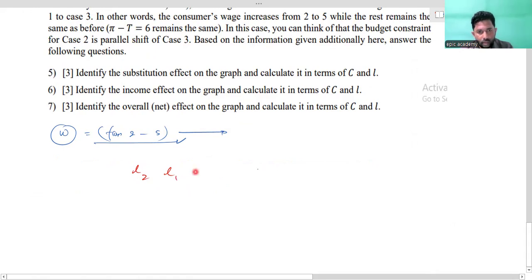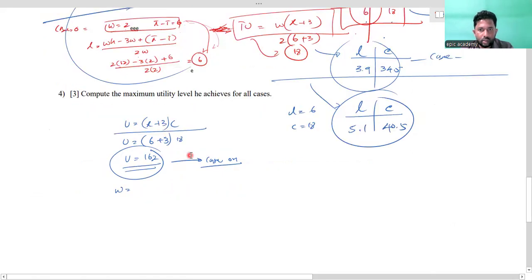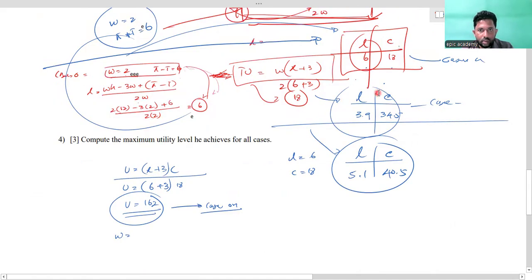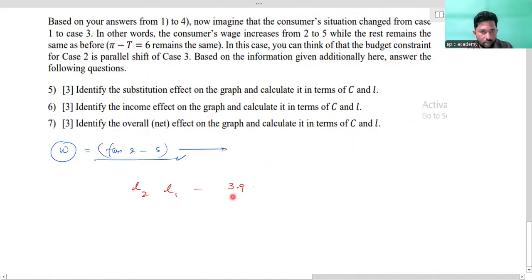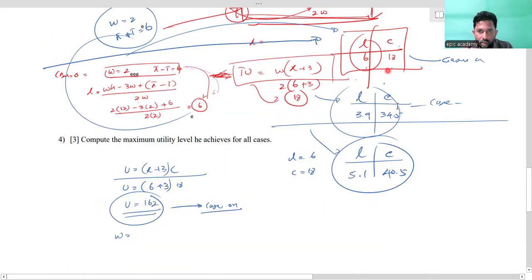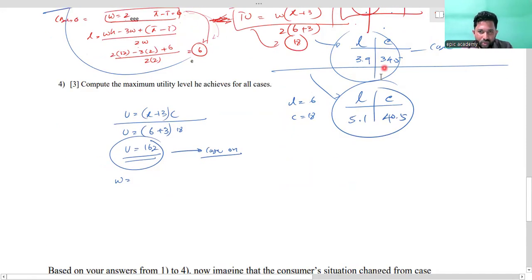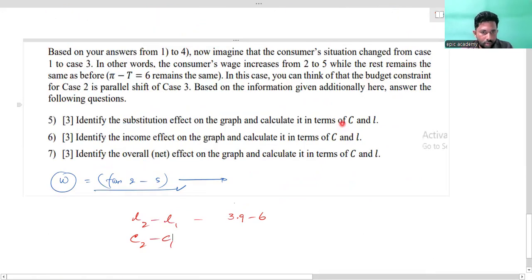3.9, isn't it? Yeah, 3.9. L1 value is 6 minus 6. Right? Then C2 values and C1 value must be there. In C1 value, you calculate as 34.5.